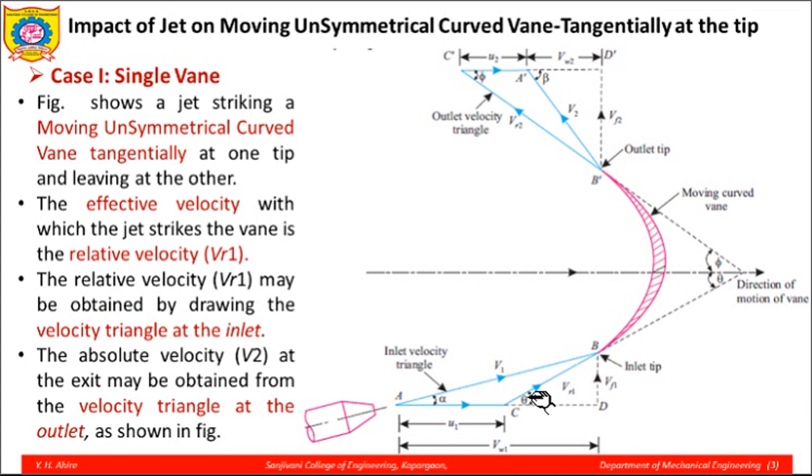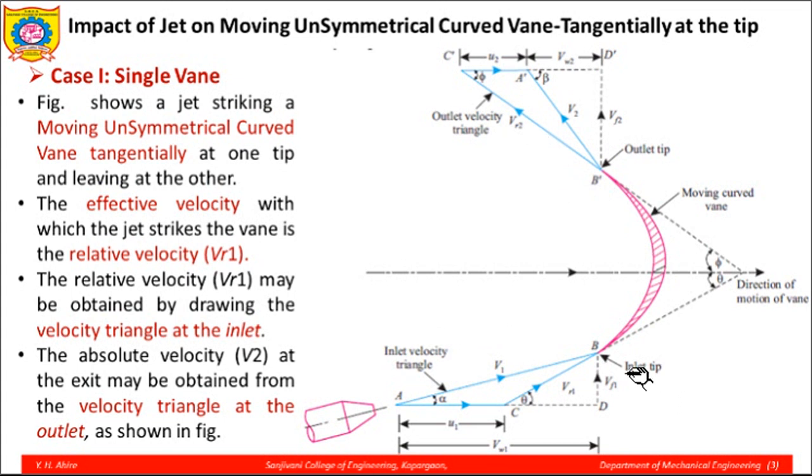Water should enter over the vane smoothly, which means tangentially. Similarly, the water should exit the vane smoothly, meaning tangentially. That's why VR2 is shown tangential to the vane at the outlet tip. It is the extension of this tangent at the outlet tip.